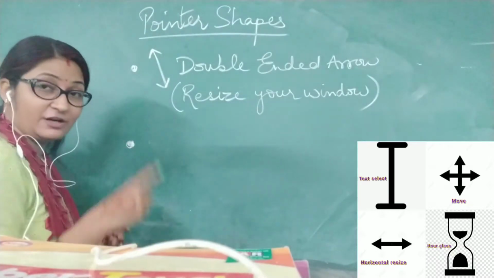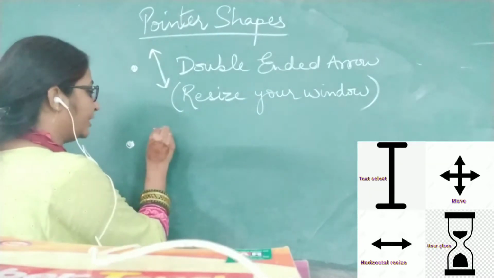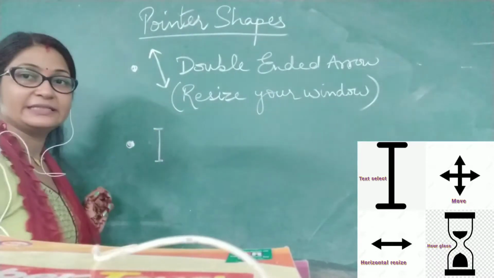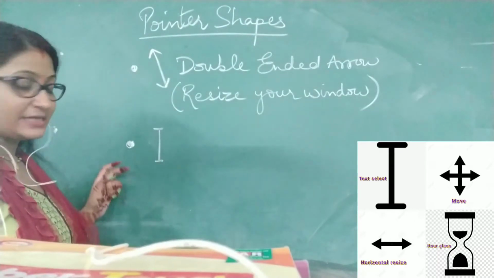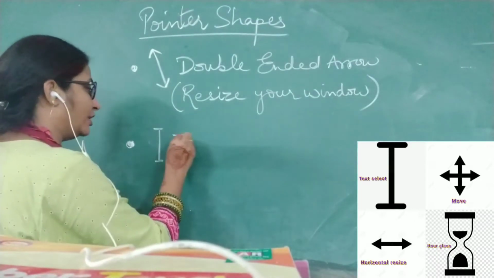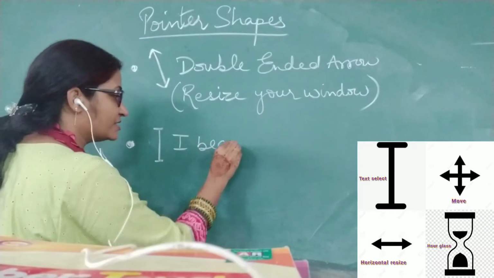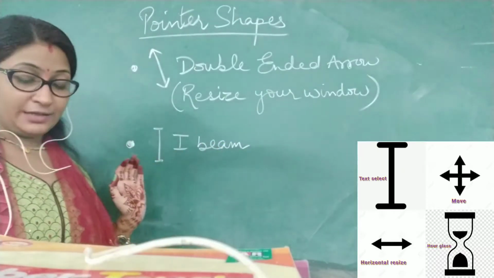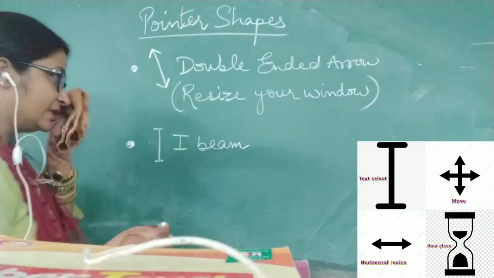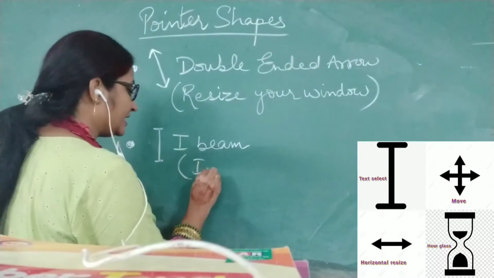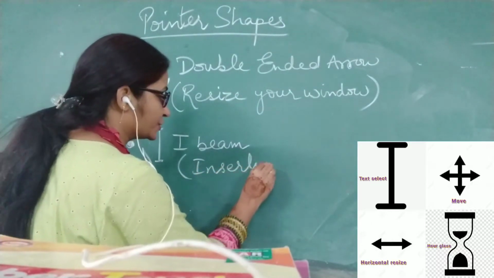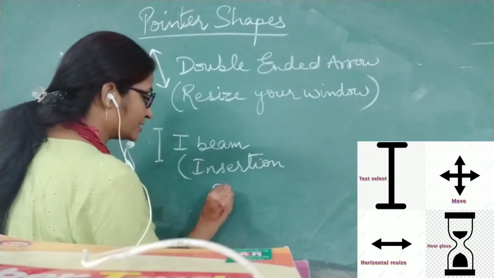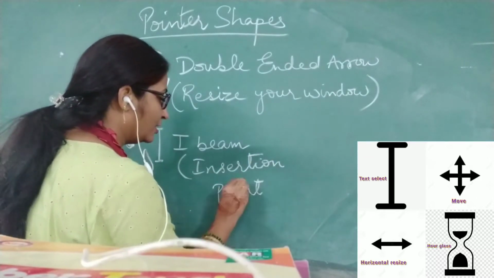Then we have one more kind of pointer. It resembles this letter I, and it is called the I-beam. Now, what is the use of this I-beam? This shows the insertion point.